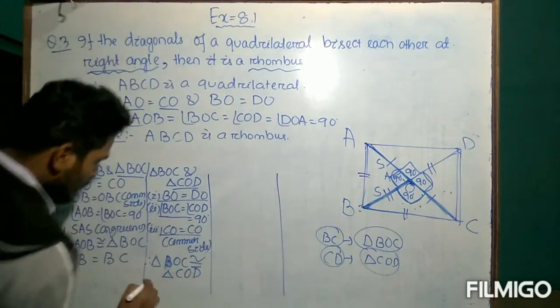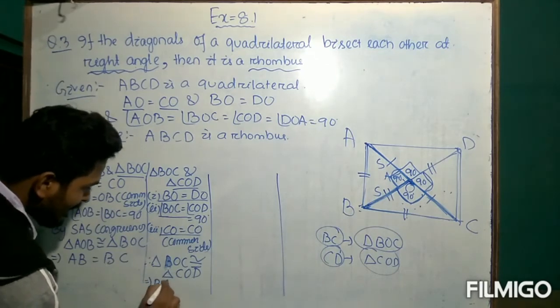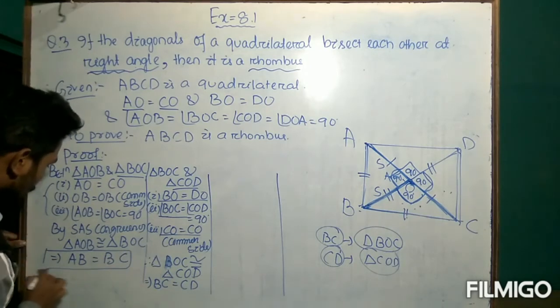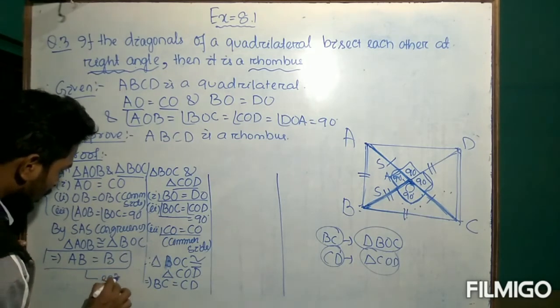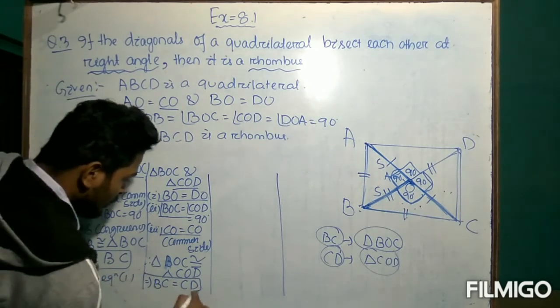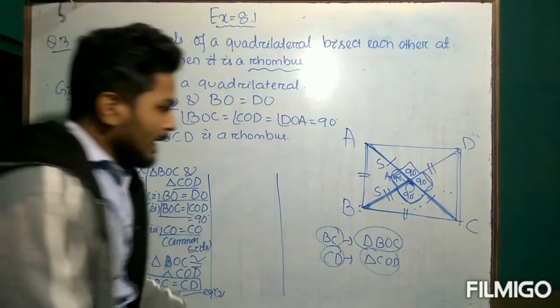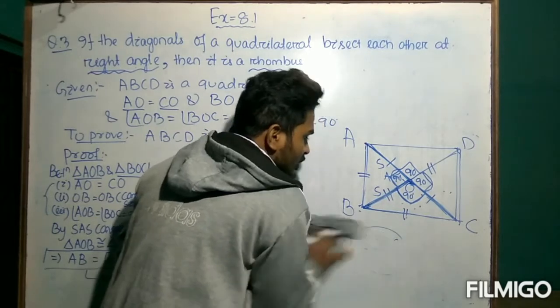So BC is equal to CD. Let's say this is our equation number 1, and this is equation number 2.